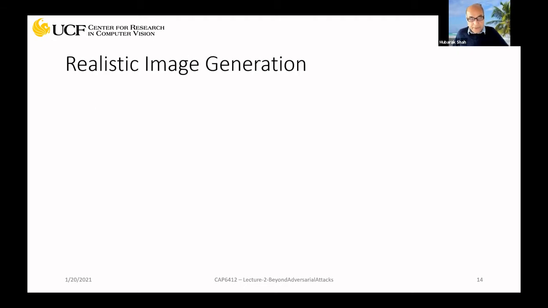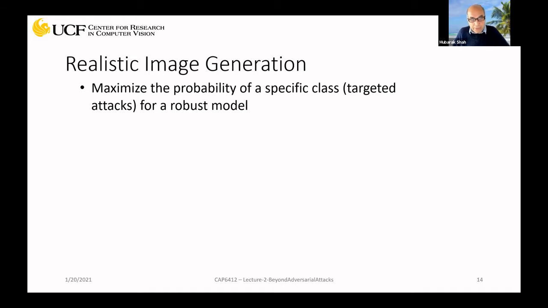Here, we want to generate a realistic image. You might know that you can use a generative adversarial network (GAN) to generate images that look very realistic. This is another way to generate realistic synthetic images.